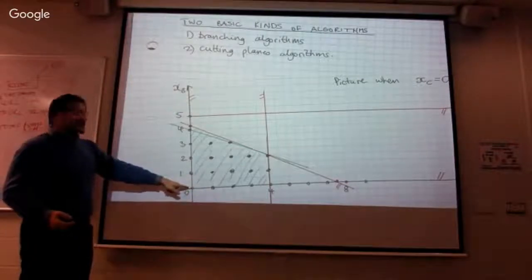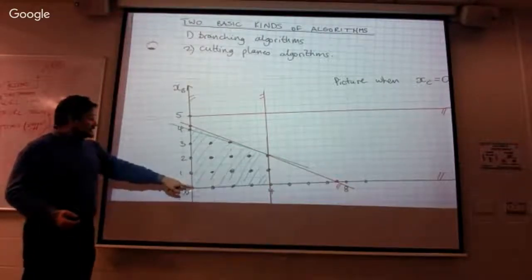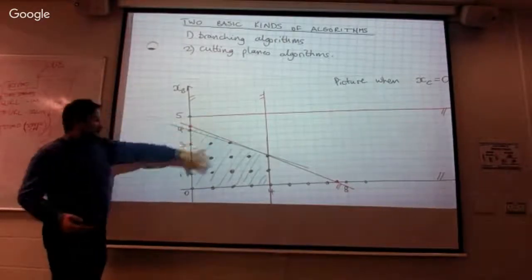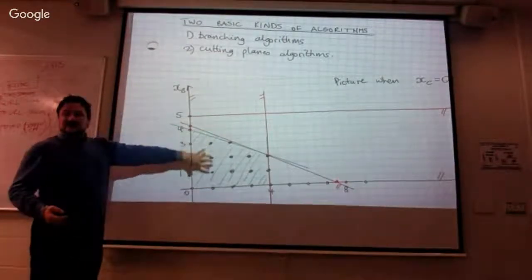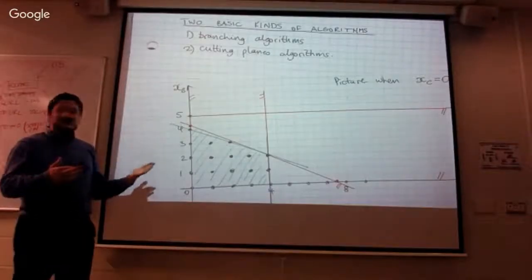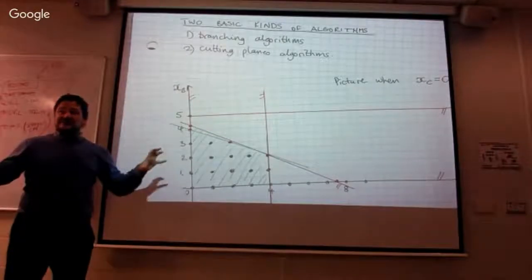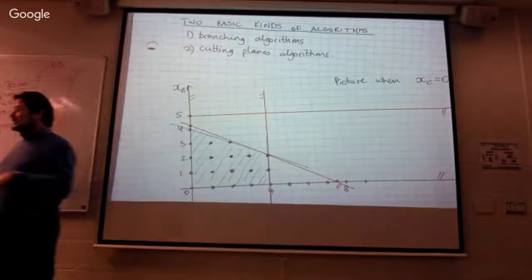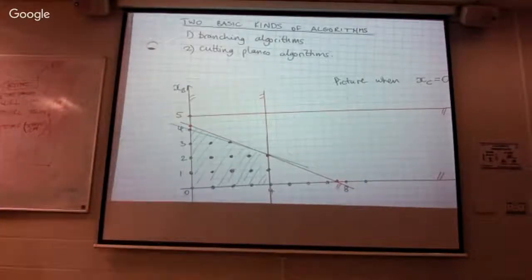So we can look at all the solutions where XA is 0 or 1, and find the best one among them. This is the idea of branching: split it into two subproblems, solve each of them, and then you take the better of the two solutions.